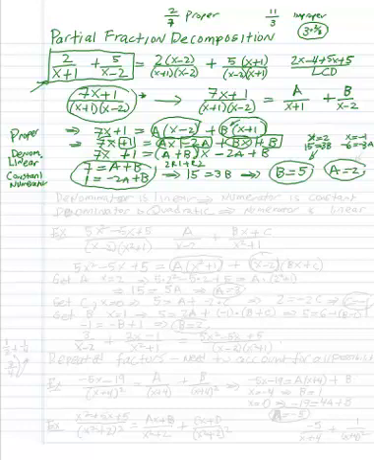And then the negative 1 plus 1 is 0 times b is 0. So I divide both sides by negative 3 and get a is equal to 2. So we can either solve a system, or we can use this cover-up method, or the Heaviside method, and figure it out.